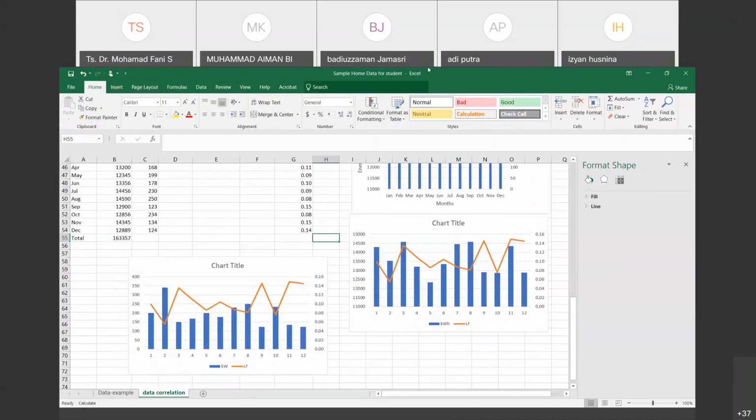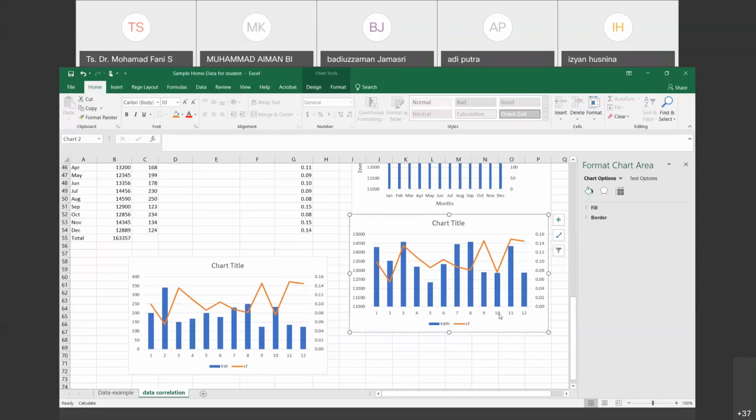When it changes in October, for example here, or in September, the load factor is improved, right? Compared to August, okay? It improved because the consumption is reduced, and then the kilowatt hour is also reduced. That's why the load factor is improved.